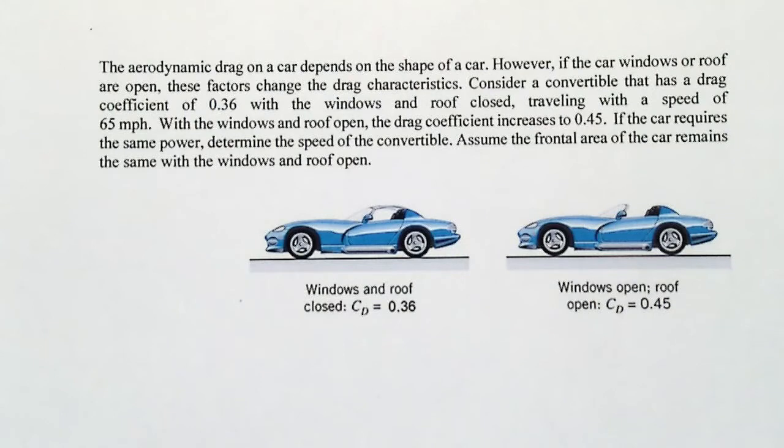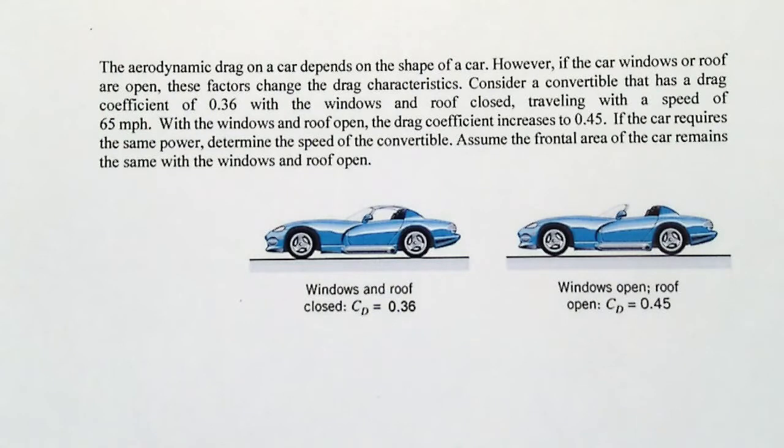It asks you that the car is traveling with a speed of 65 miles per hour in both situations. So the velocity of the car in the first one, when the roof and windows are closed, is going to be 65 miles per hour.